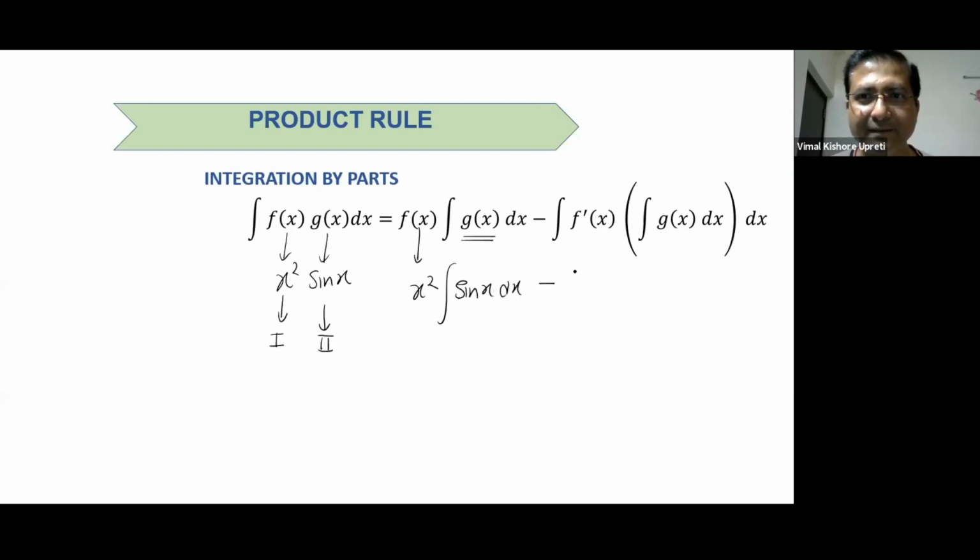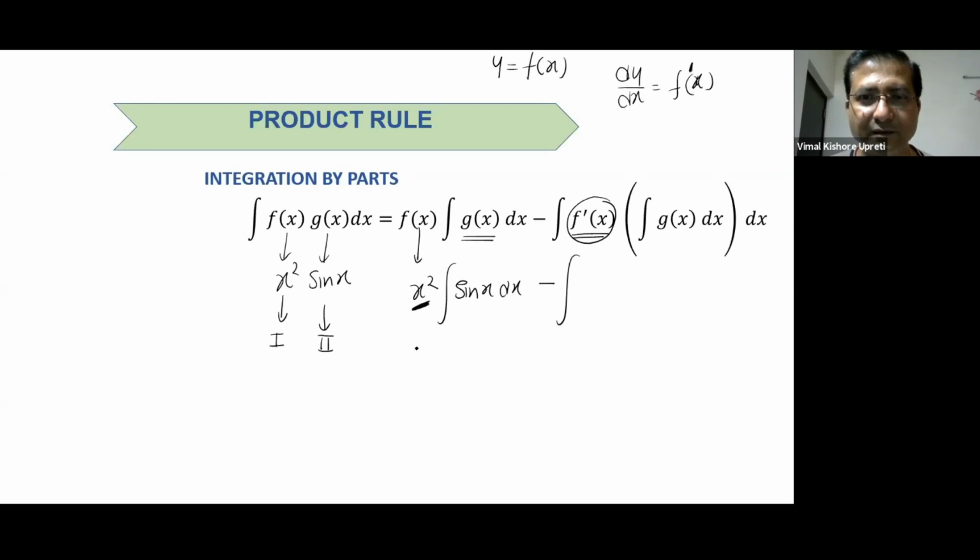Then I'll put a minus sign. And I'll differentiate the first function. f dash means differentiation. dy by dx is also written this way. If y is equal to a function of x, then the differentiation is f prime x. So this term represents the differentiation.